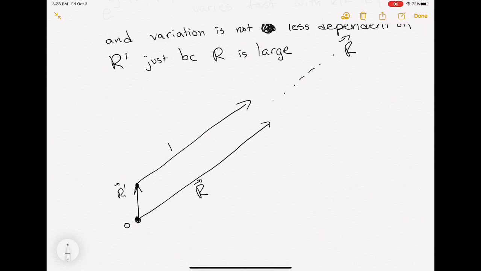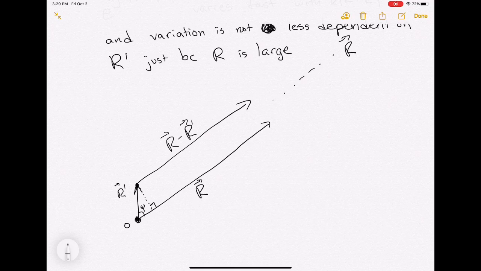This vector is r minus r prime. What we want to know is, what is the difference in length between these two vectors?